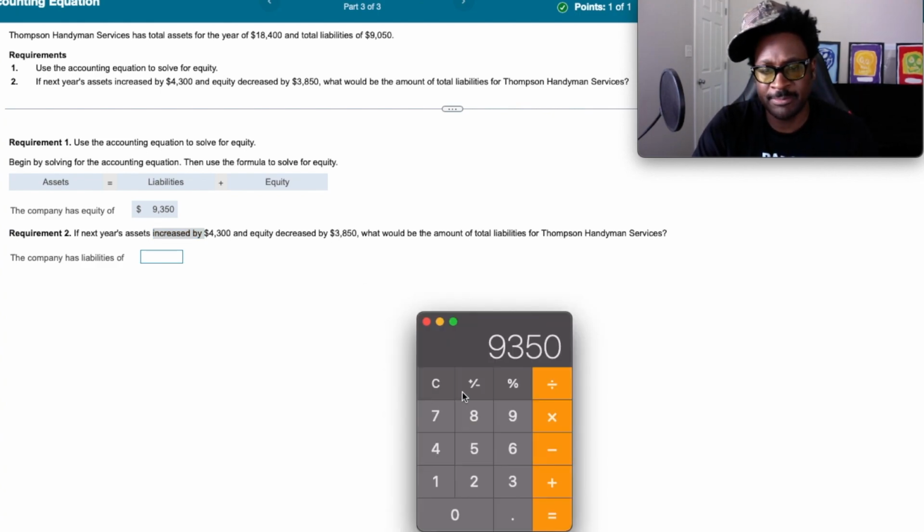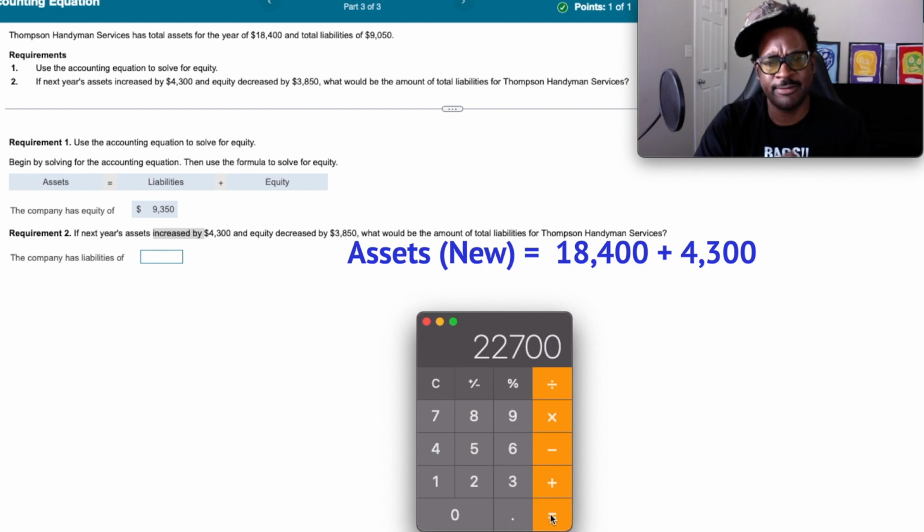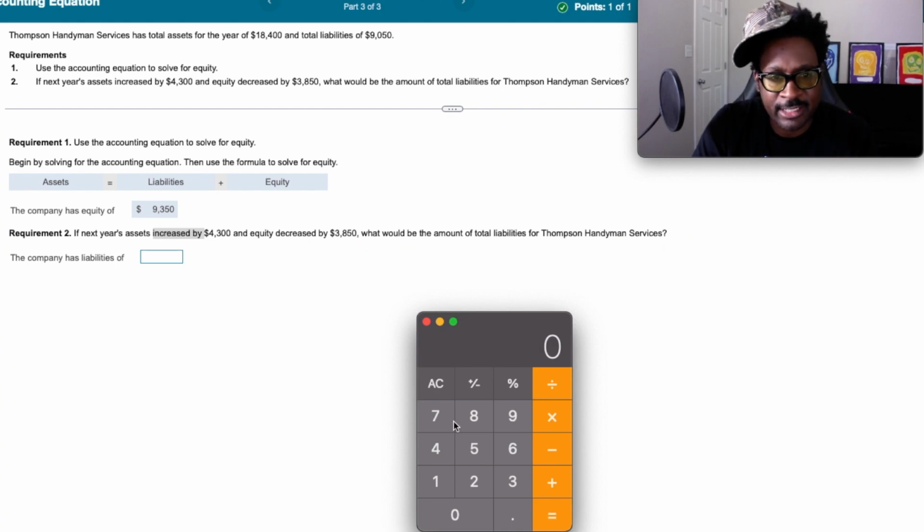So, if I'm not mistaken, our assets had a balance of $18,400 and it told us that it increased, so we're going to add $4,300 to that pre-existing balance to get our new asset value of $22,700.